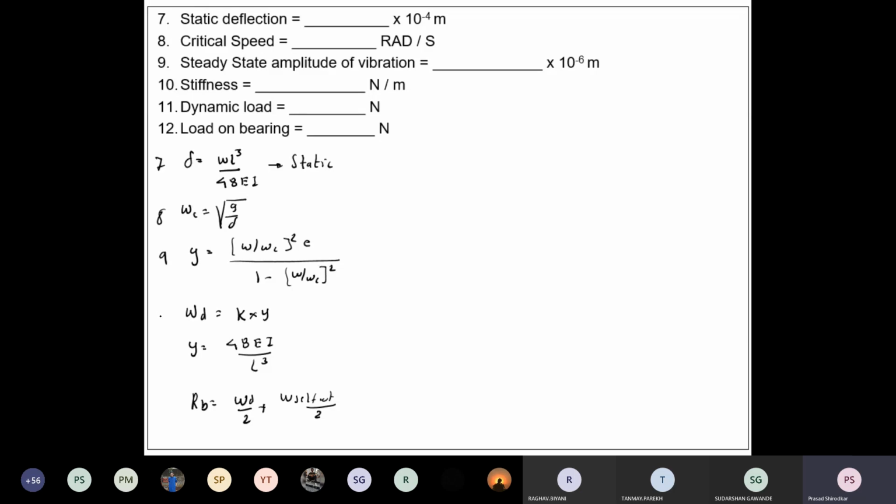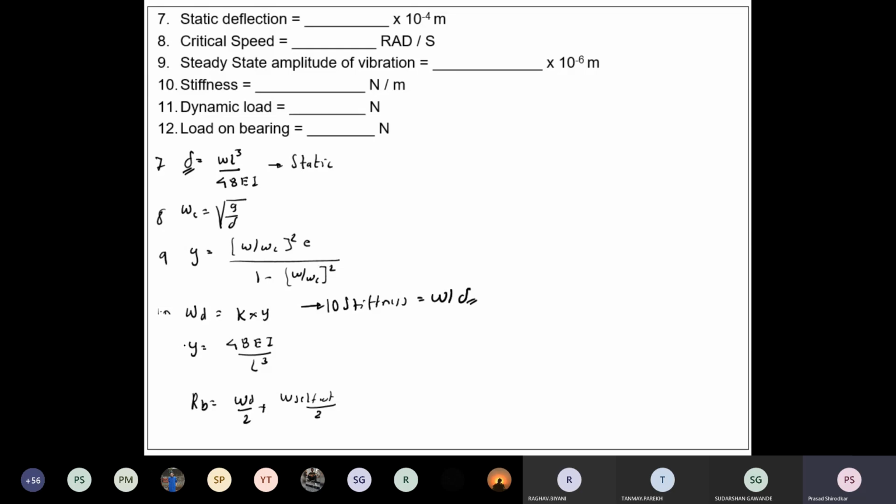This is for stiffness, for 8. For stiffness, for 10, I should write 10 here. Stiffness is equal to W divided by delta static, that is static load divided by static deflection.